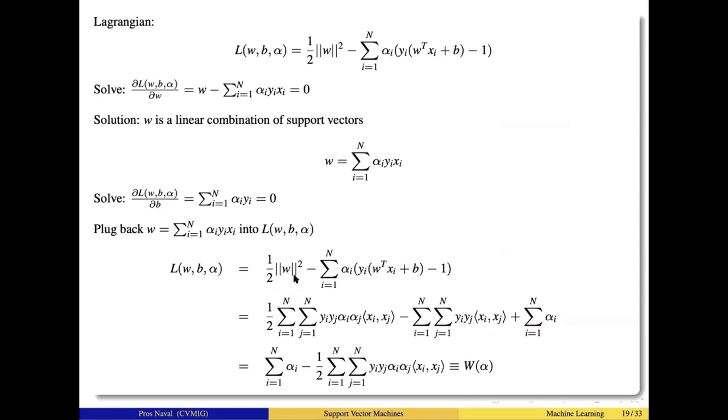So this 1/2 w norm squared is just this quantity here, and then when you plug this quantity here, what you have is this, and you simplify, and what we have is the following. And let us define this as W of alpha. Alpha is the vector for alpha I and alpha j.